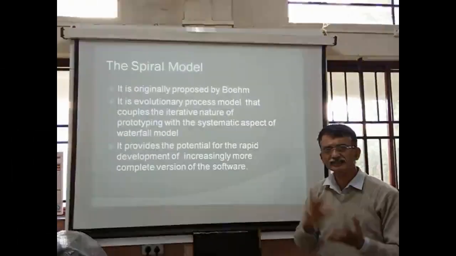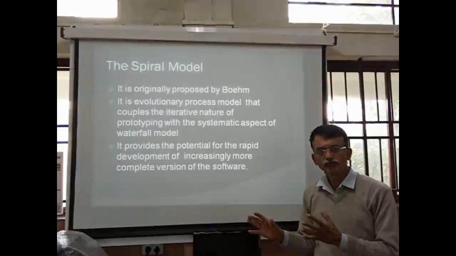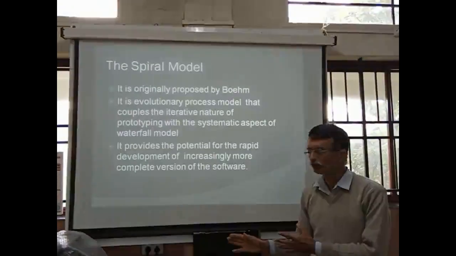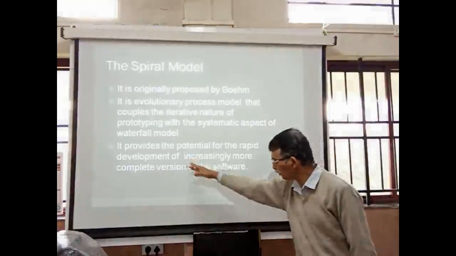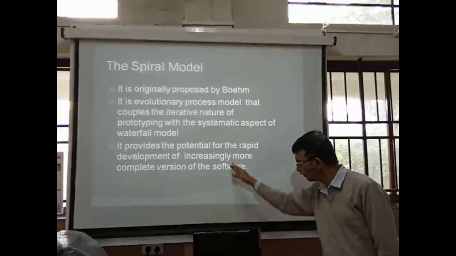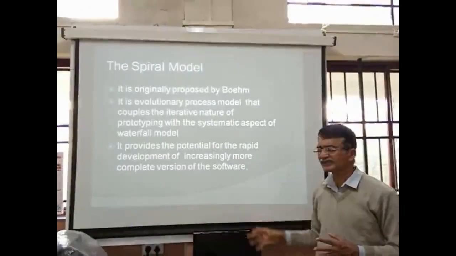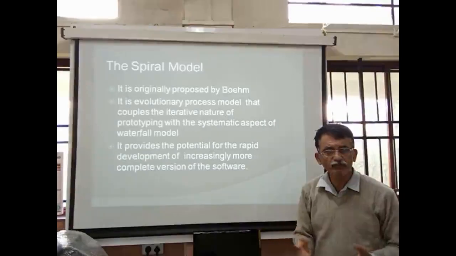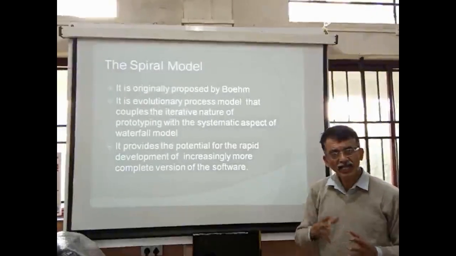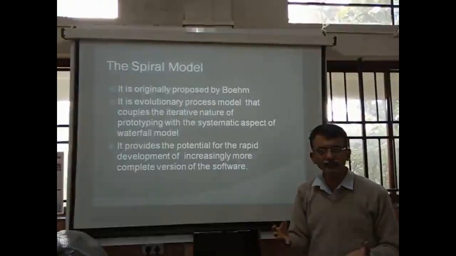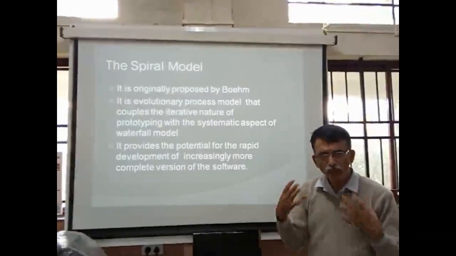So it has the best of two models, the best of the prototyping model as well as the waterfall model. It provides the potential for rapid development of increasingly more complete versions of the software. As time proceeds, you get a more complete version and the final version will be more improved.